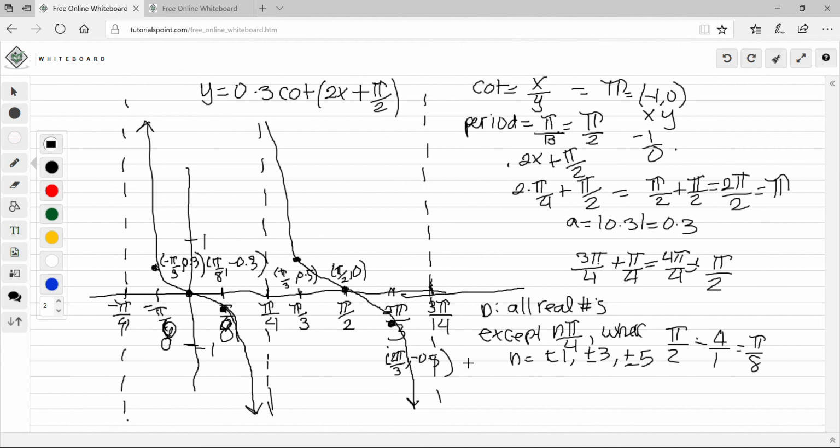And then the range, as you can tell, is all real numbers. It keeps going from positive infinity to negative infinity, so it's negative infinity to positive infinity.